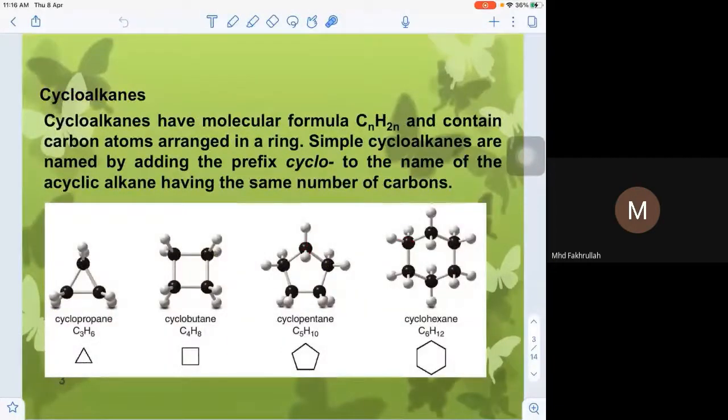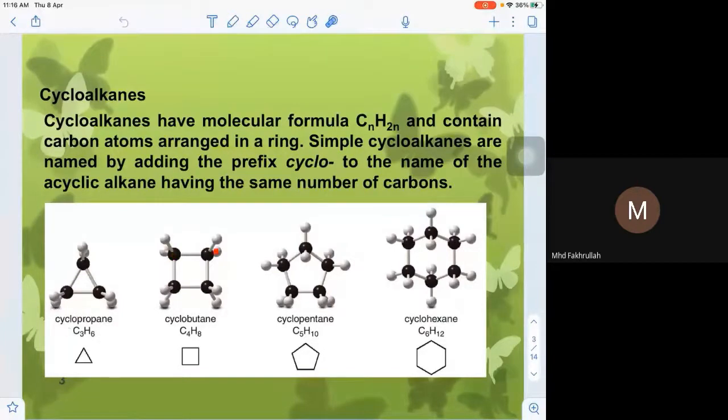This is the example of cycloalkane. When we have 3 carbon, it will have 6 hydrogen attached to it. The black atoms are carbon, the white ones are hydrogen. This is 1, 2, 3 carbon, so the name will be cyclopropane. We add cyclo at the front.